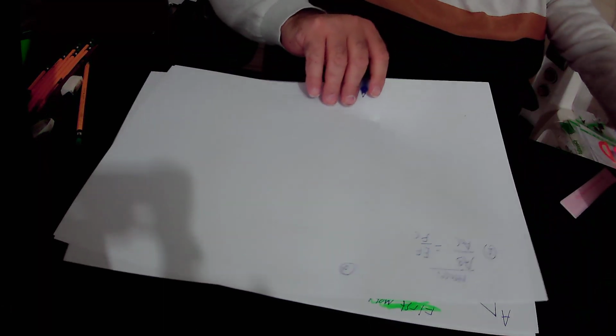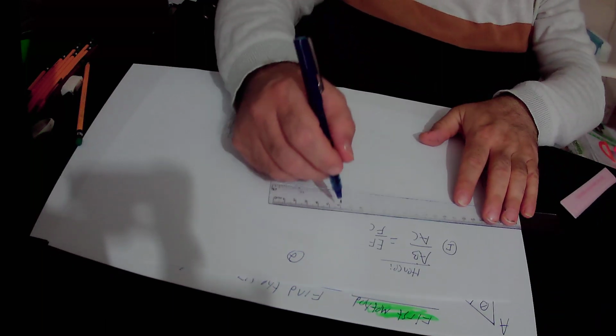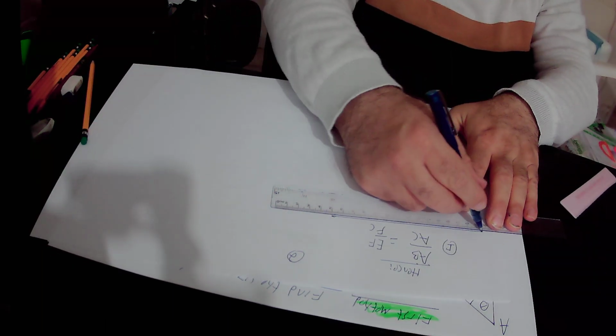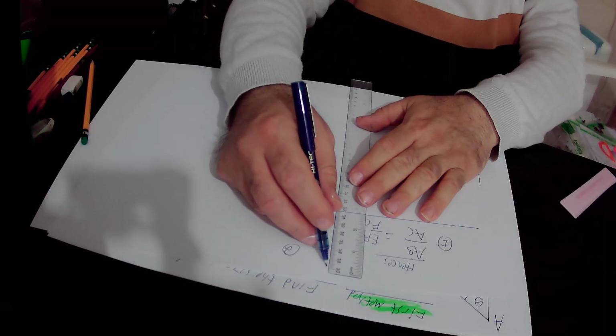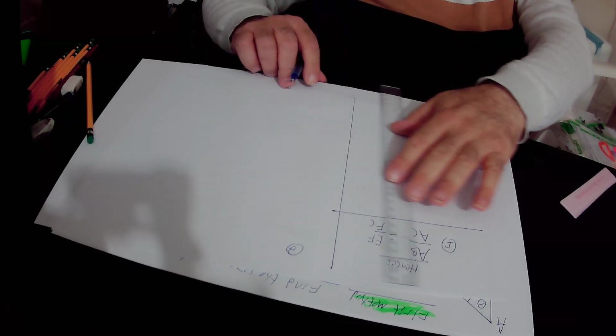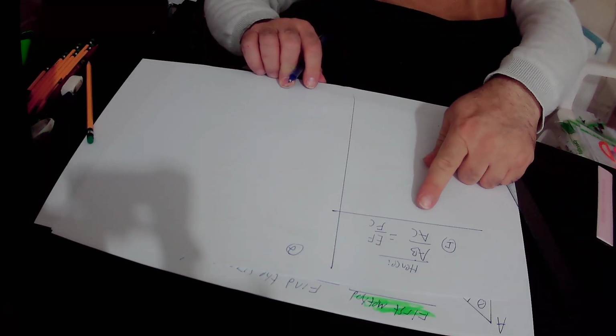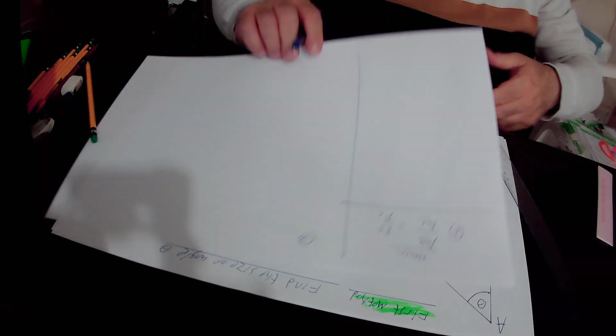I repeat again, from the fact that the right big triangle, triangle ABC, is similar to the right small triangle, triangle EFC, we will derive that AB over AC equals EF over FC.